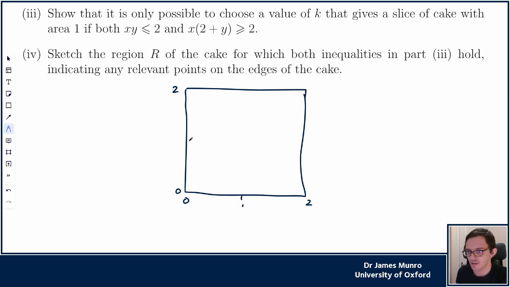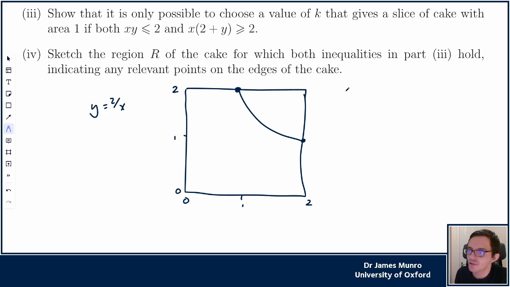Now I know that curve: 2 over 1 is 2, 2 over 1.5 is 4/3, and 2 over 2 is 1, so I need a curve that comes down and goes through both of those like that. Nice. So that's the edge where one of these inequalities is equal.